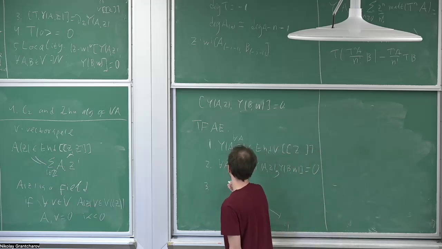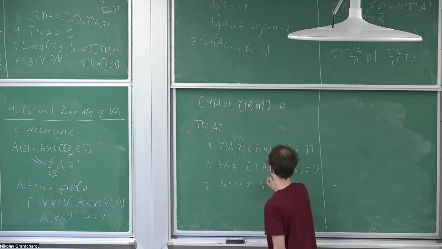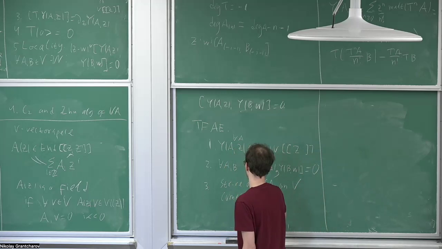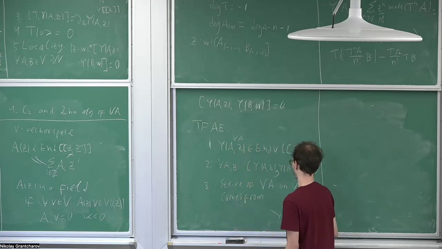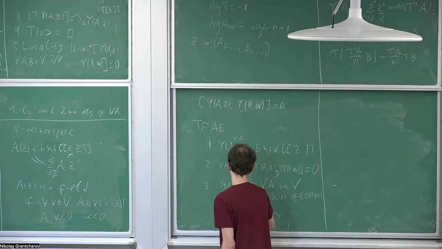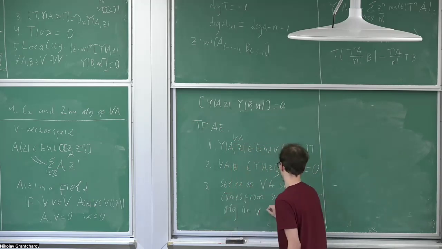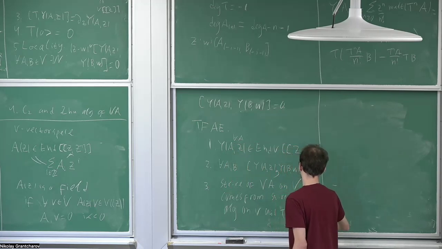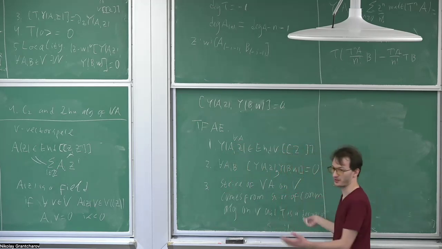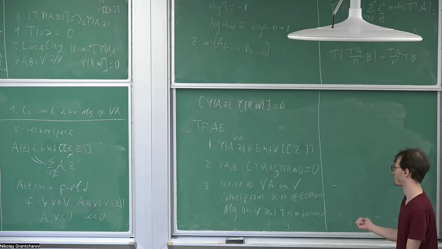And third, that the structure of a vertex algebra on V comes from the structure of a commutative algebra on V, and T is a derivation, and the vacuum is the unit, and so on.